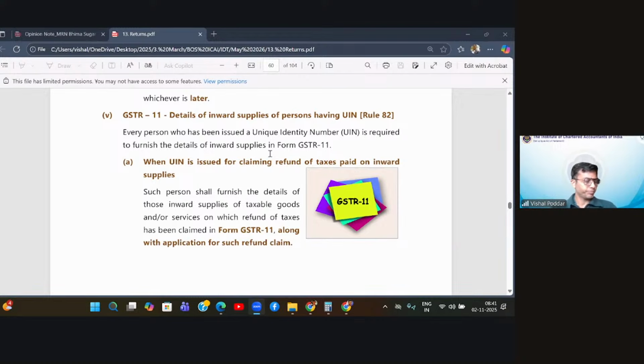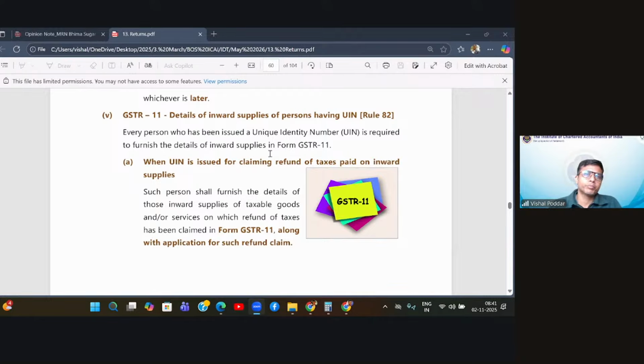Please read. GSTR 11, details of inward supplies of persons having UIN. Rule 82: every person who has been issued a unique identity number is required to furnish the details of inward supplies in Form GSTR 11.